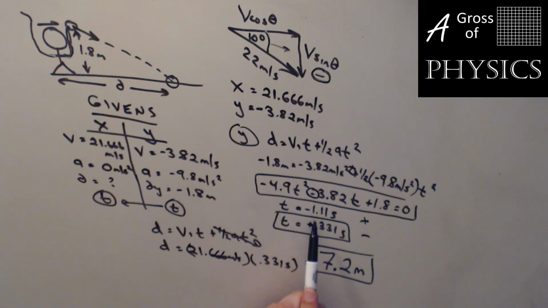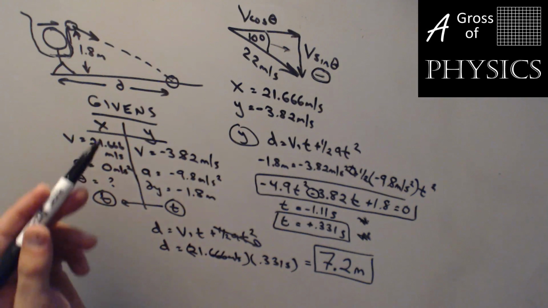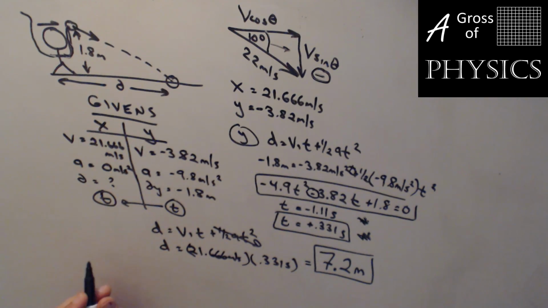The positive term was the 1.11, the negative term was the 0.331, and that would have radically altered my answer. In fact, instead of throwing 7 meters, we would have thrown it over 22 meters, which is quite a big difference. So that is how we deal with a problem where the initial velocity is negative in the y direction.